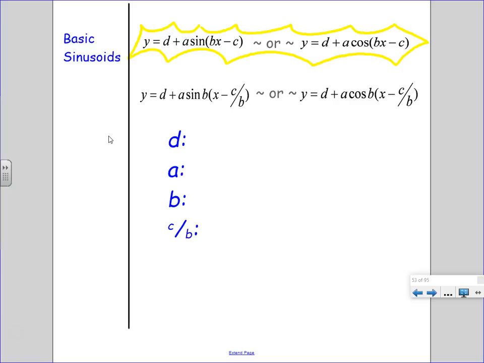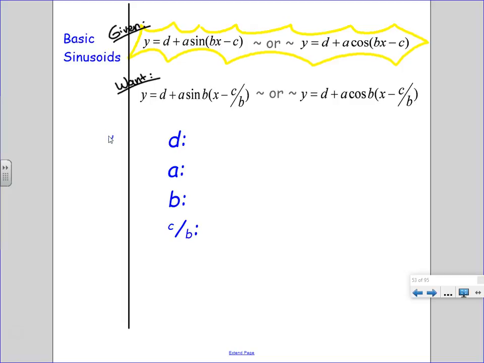Now, the one that's highlighted in the big yellow is what you will be given in a problem, typically. But this is what you want. So hence why I wrote both.